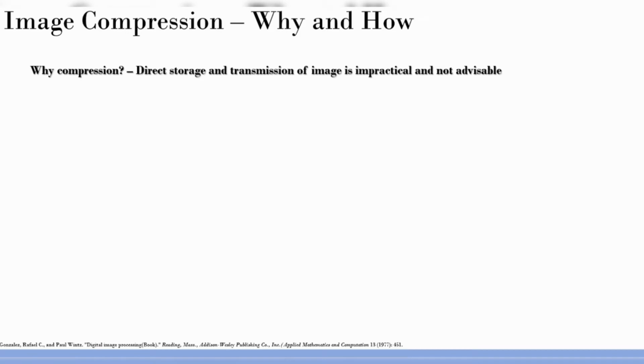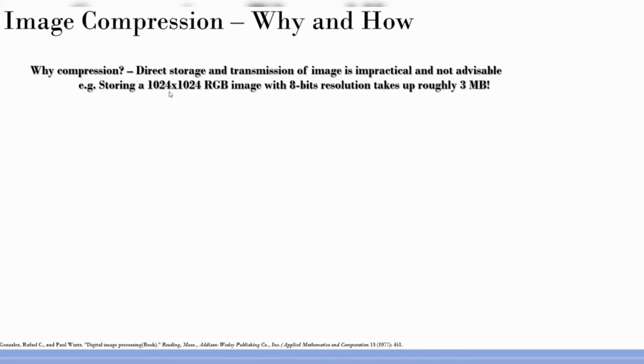Okay, let's take an example. Let's take a 1024 cross 1024 RGB image. It's not really a high resolution image by modern day standards, it's really low res. Let's assume that we are going to use 8-bit quantization, so 256 levels. Let's see what space this single image takes up.